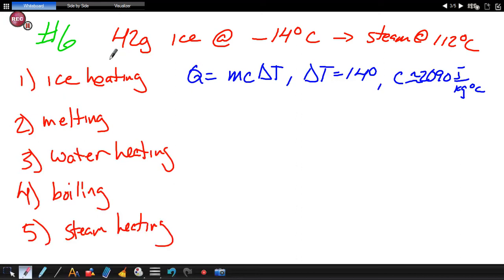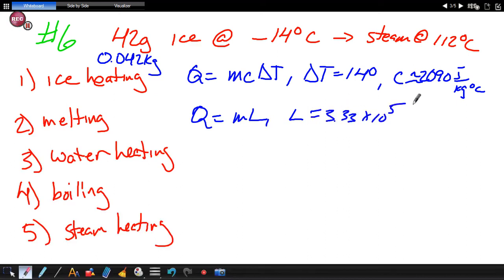And then, of course, this 42 grams is 0.042 kilograms. So for the melting, Q is ML, and L is your latent heat of fusion, because these things work in reverse. You can go from water to ice or ice to water, and these things are all named in terms of going from water to ice or steam. So the latent heat of fusion is going to be this 3.33 times 10 to the 5 joules per kilogram.